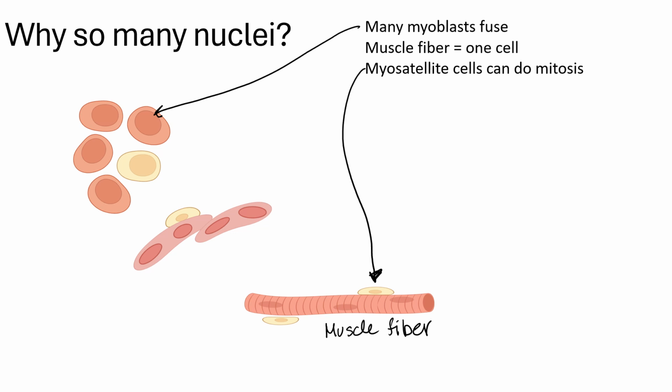They're kind of like housekeeping cells. They're like, oh, hey, you don't want to do that? I'll do that for you. These myosatellite cells will tap into the instructions of the nucleus to do mitosis and other functions that the muscle fiber just doesn't want to do. Muscle fibers themselves don't tap into the nucleus to do mitosis.